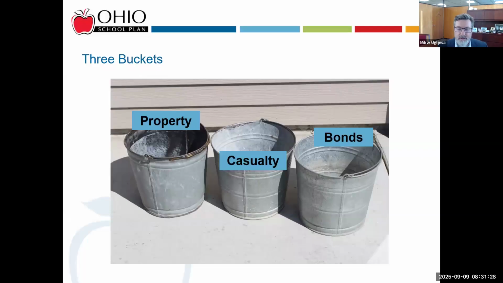The analogy that we're going to use is related to buckets. We're going to talk about the coverage lines within property and casualty and bonds using the analogy of buckets to symbolize how the coverage parts are designed to stay separate and not overlap.